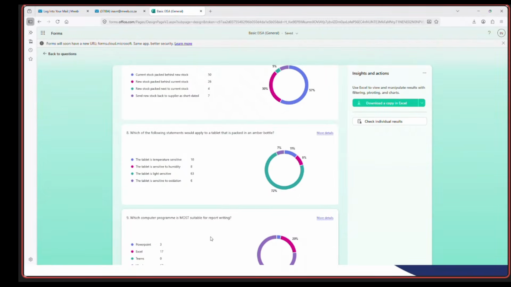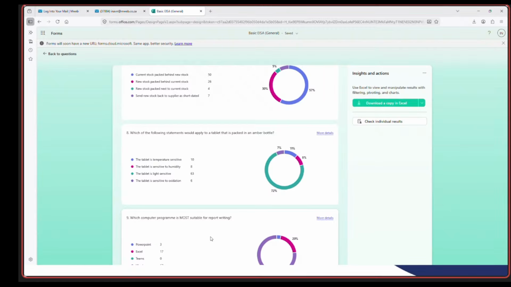So the answers are: the tablet is temperature sensitive. If it's temperature sensitive, you will have a cold chain, maybe you will pack it in a different environment, like in a freezer, or in a fridge, or in a cooler place. So that's not the correct answer.